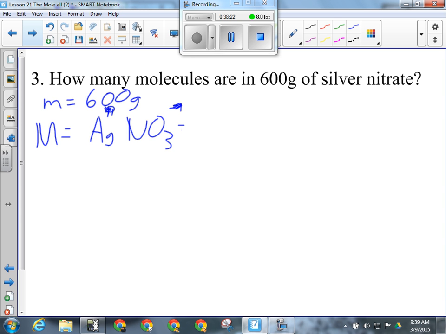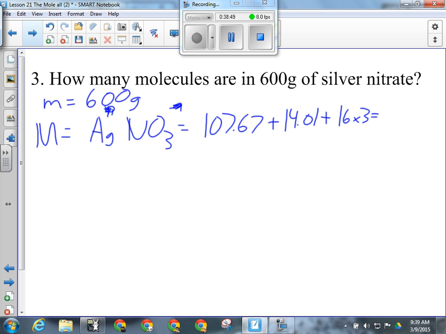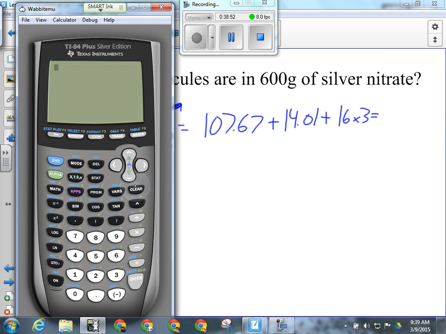All right, so we got silver nitrate. We got to figure out how much mass that is. We got 107.67, right? So that's silver, 107.67. How many nitrogen in here? 1. So 14.01. And there's 3 oxygens, so 16 times 3. That's going to give us our total molar mass.